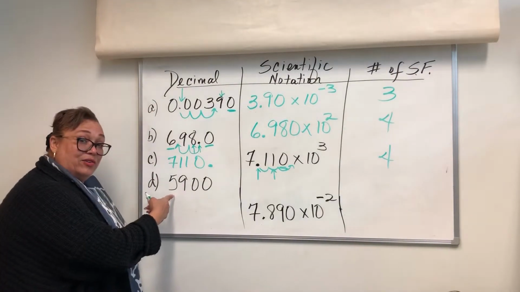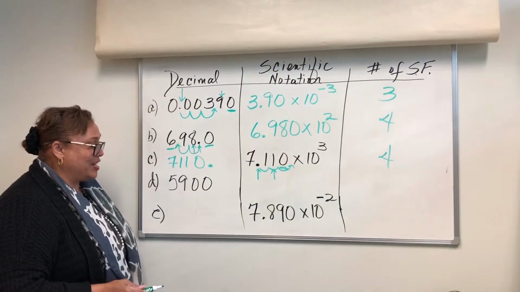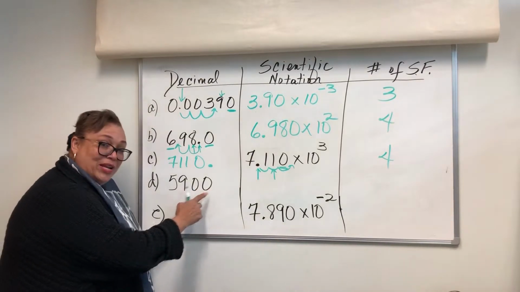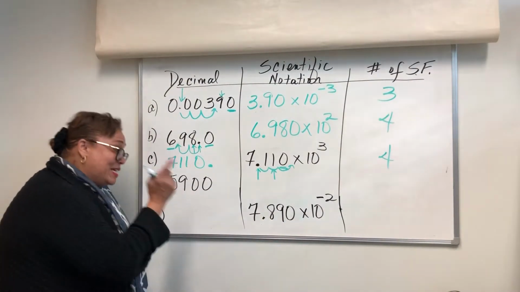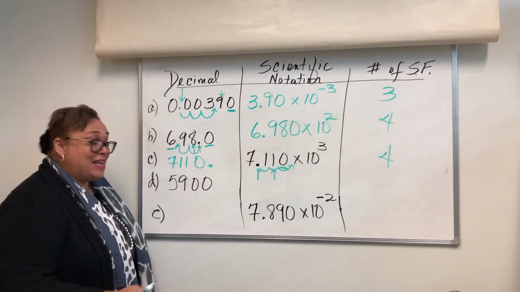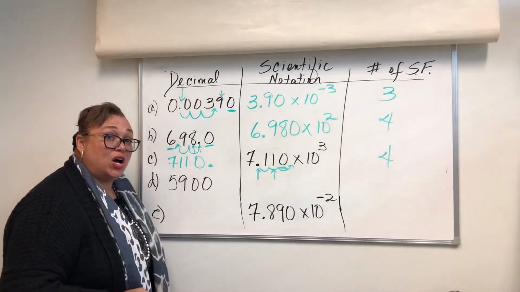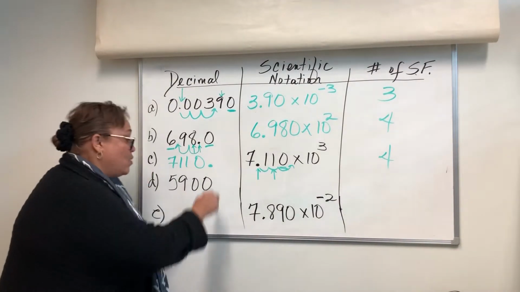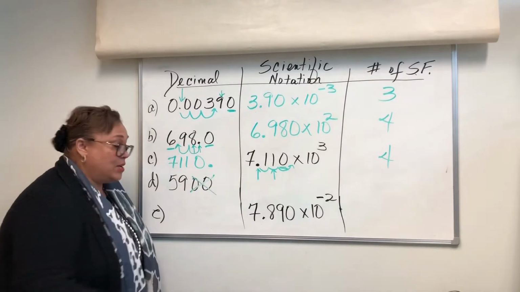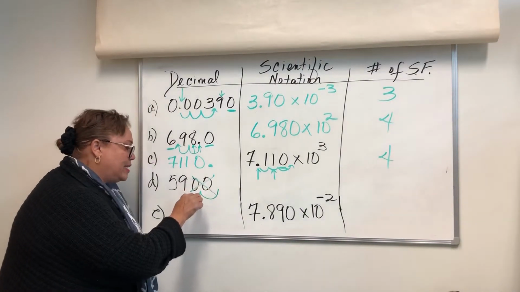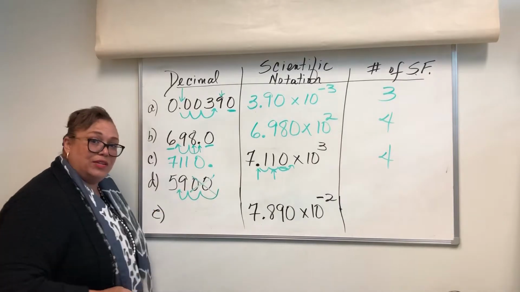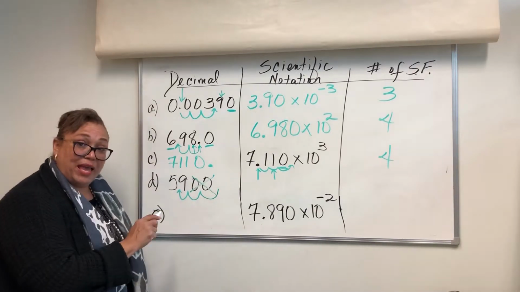Looking at this letter D, I got you now. There's no decimal point at the end. And because there's no decimal point, that means these zeros are not significant. So I don't want to see them. But you still assume the decimal point is at the end. Got to keep the magnitude of the number. So we bounce it back 3 times.